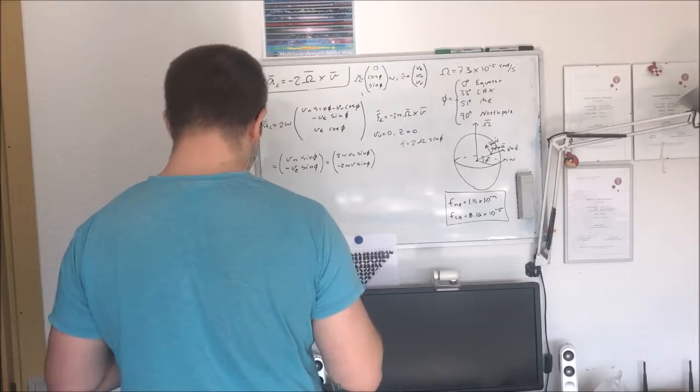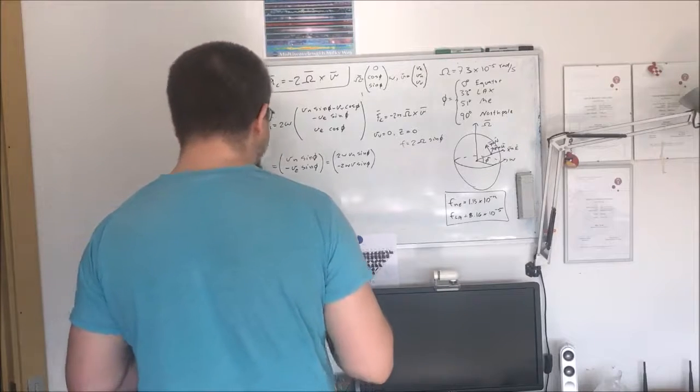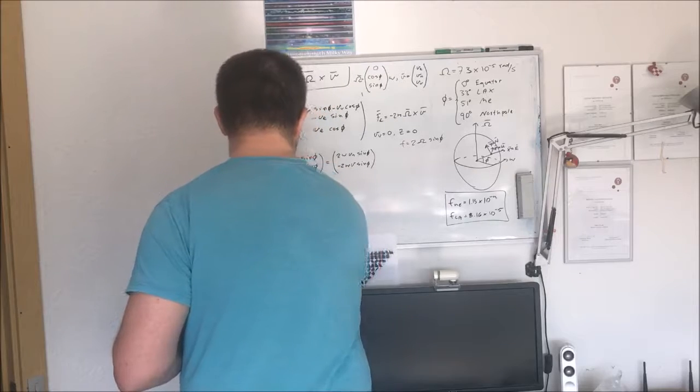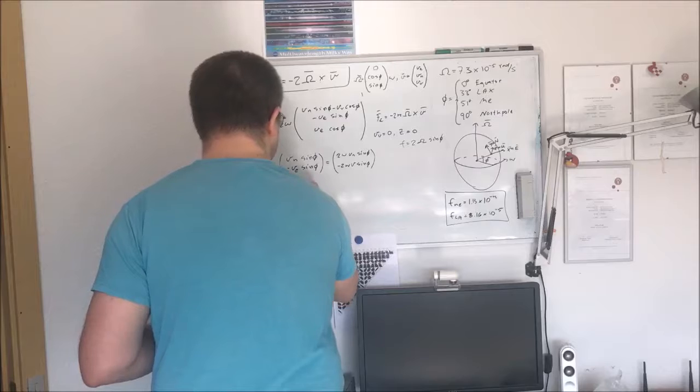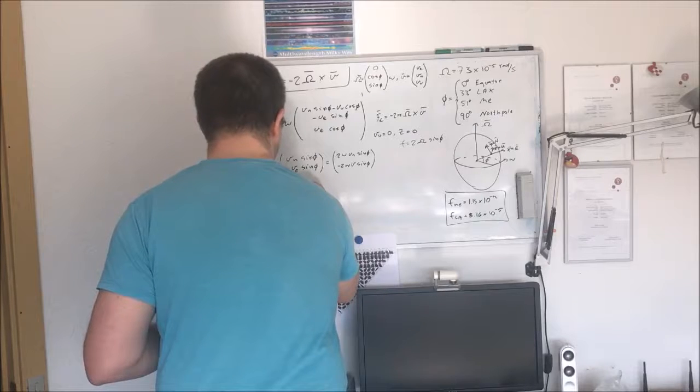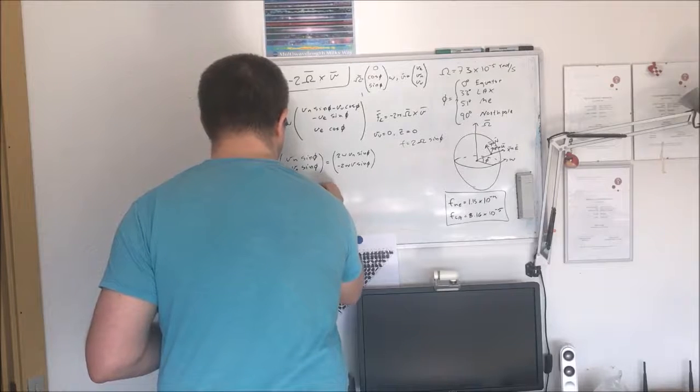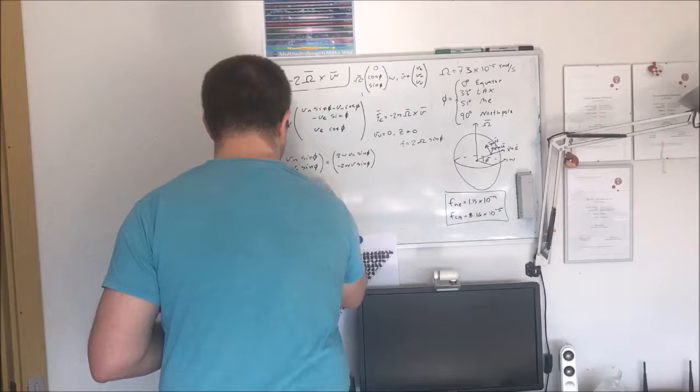And so that is why we can rearrange this part here to get Vn 2 omega sine phi and minus Ve 2 omega sine phi.